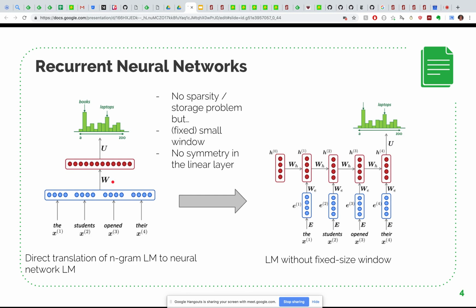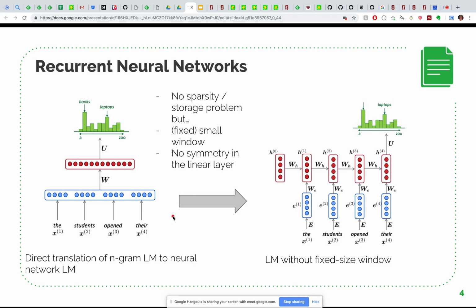This solves the sparsity issue, and also the storage problem, because we decrease the dimensionality. But still, the window remains quite small, because if you enlarge the window, you will end up with a gigantic concatenated vector, so you will still have some issue. Another issue is that here the matrix multiplication will be different for every word, and we would like to have some parameter sharing between words.